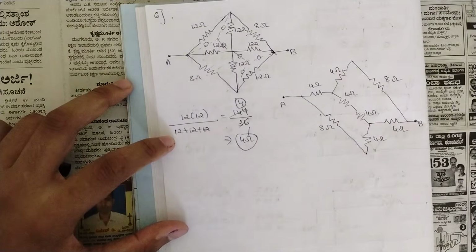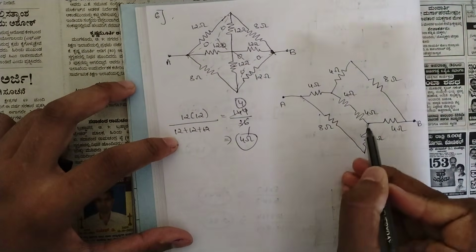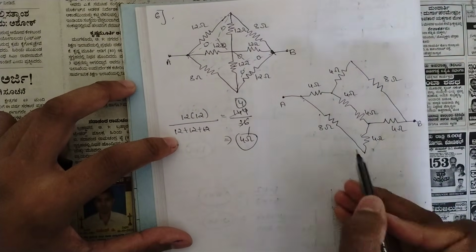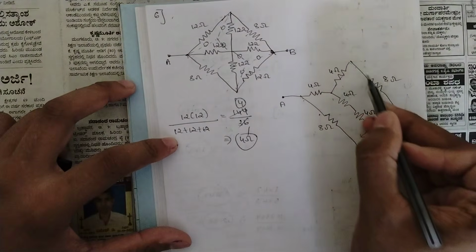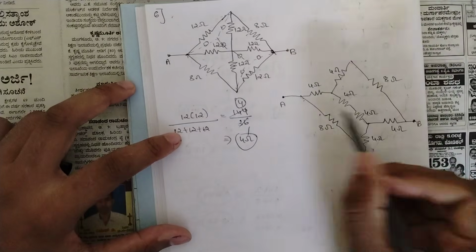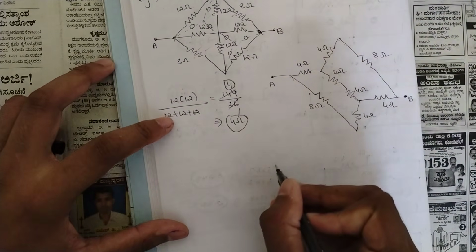Now if you observe carefully here, these 2 resistors, 8 ohm and 4 ohm, are in series. They are in one single branch here. Similarly these 2 resistors are in series, and inside these 2 resistors are in series, but these 2 are individual connections. So how can we reduce and write the circuit like this?